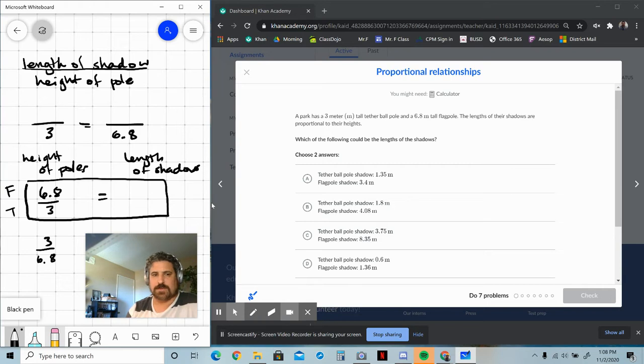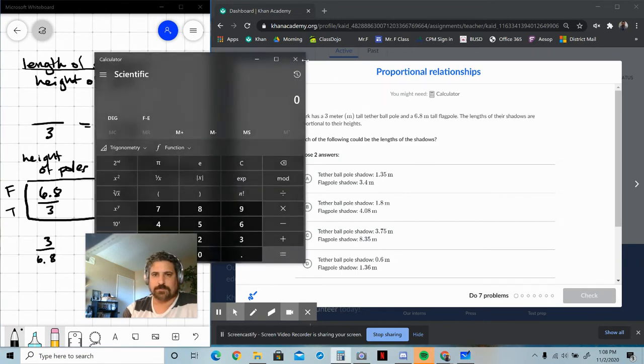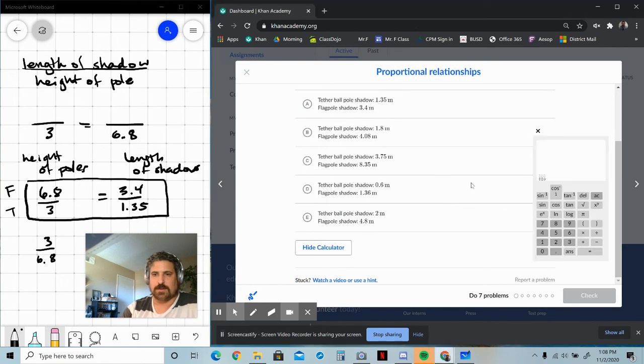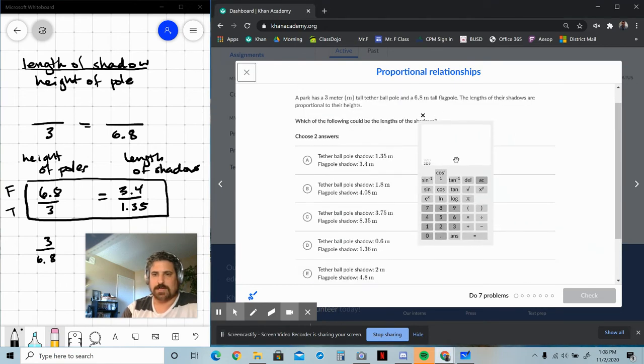So the heights, 6.8 to 3, compared to the length of the shadows. Let's just test it out. Is 3.4 over 1.35 the same as 6.8 over 3? You grab this calculator and test it out.